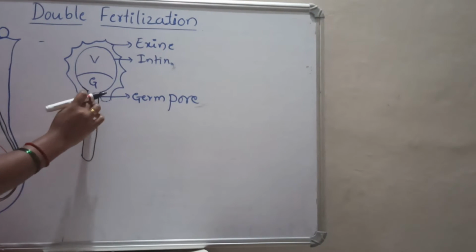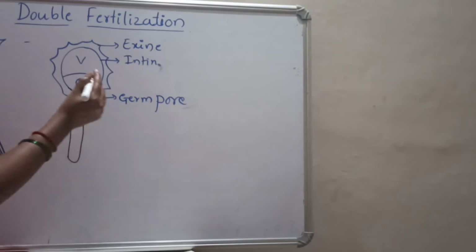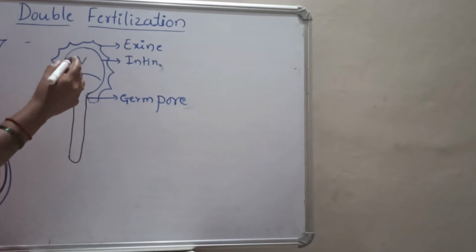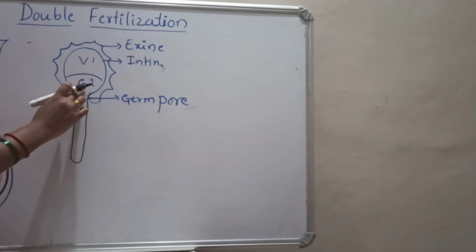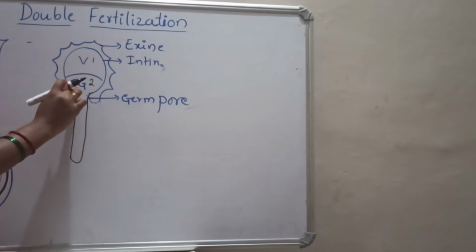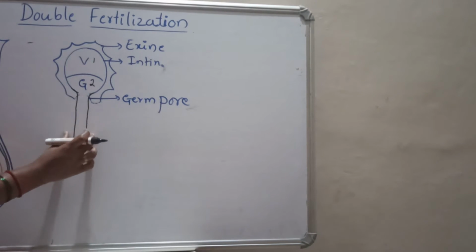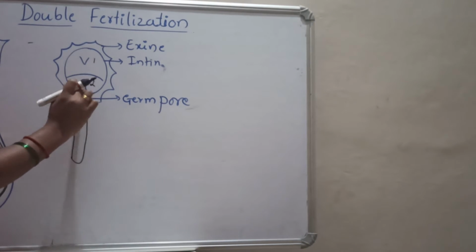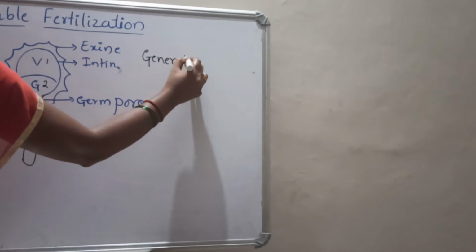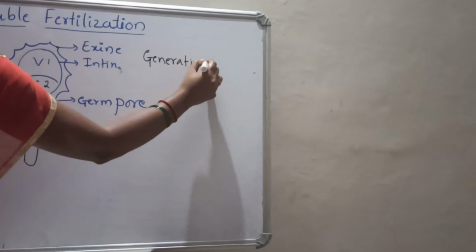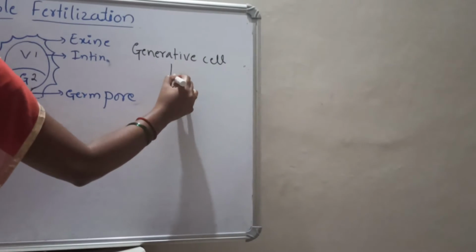At that time the pollen grain has only two cells: the vegetative cell and the generative cell. When the pollen grain produces the tube, at that time the generative cell divides mitotically.